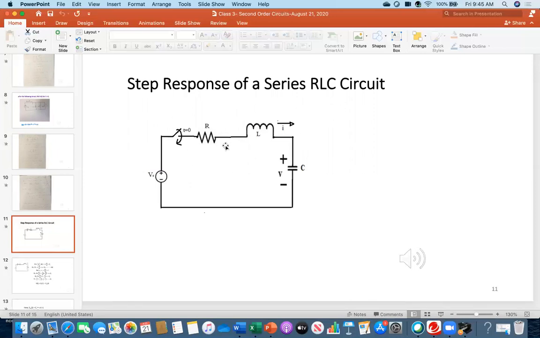Now, because this is a series circuit, current I is flowing and the voltage across the capacitor is V. In these cases, the main concentration will be the capacitor and inductor. In the case of the inductor, you always have to find the current, and in the case of the capacitor, mostly you have to find the voltage.